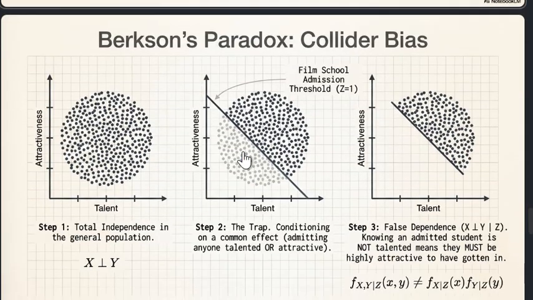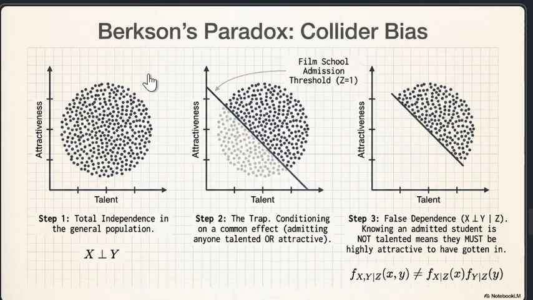Now here comes Berkson's paradox. Berkson's paradox is basically an example of collider bias. It says two independent variables become correlated after selecting only a certain subset of data. For example, imagine selecting only students admitted to a competitive university.